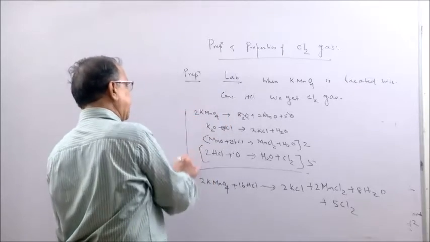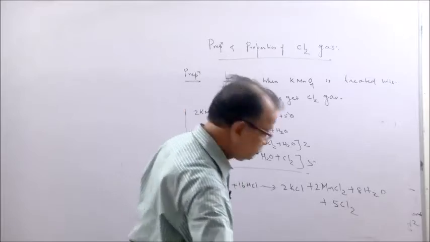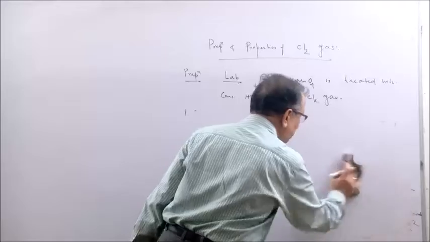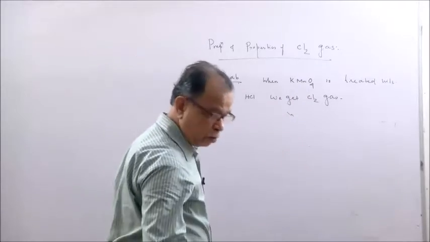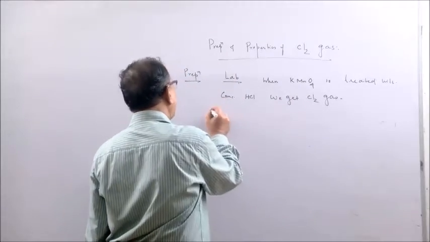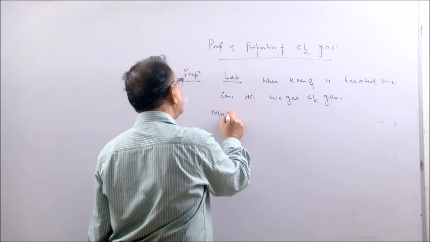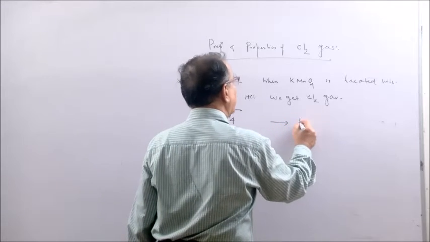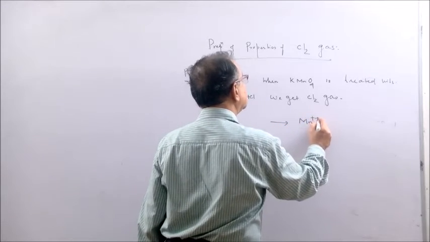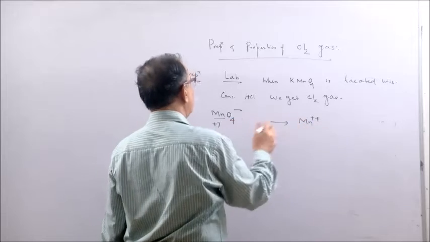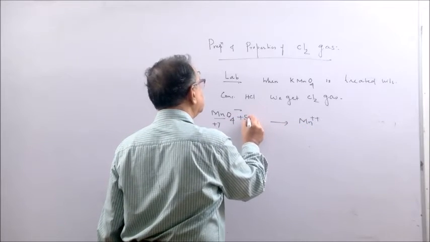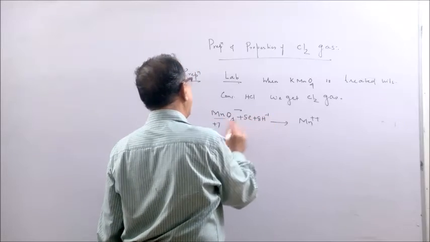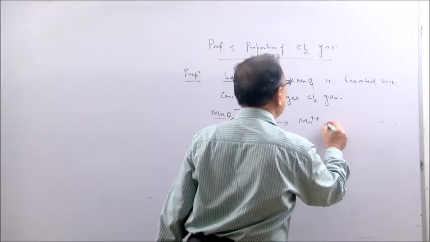How to balance the equation by the ionic equation method? It is simpler. We write MnO4 minus, where manganese goes from plus 7 to Mn2+. Since it is plus 7 to plus 2, we add 5 electrons. To balance the 4 oxygens, we add 8H plus and get Mn2+ plus 4H2O.